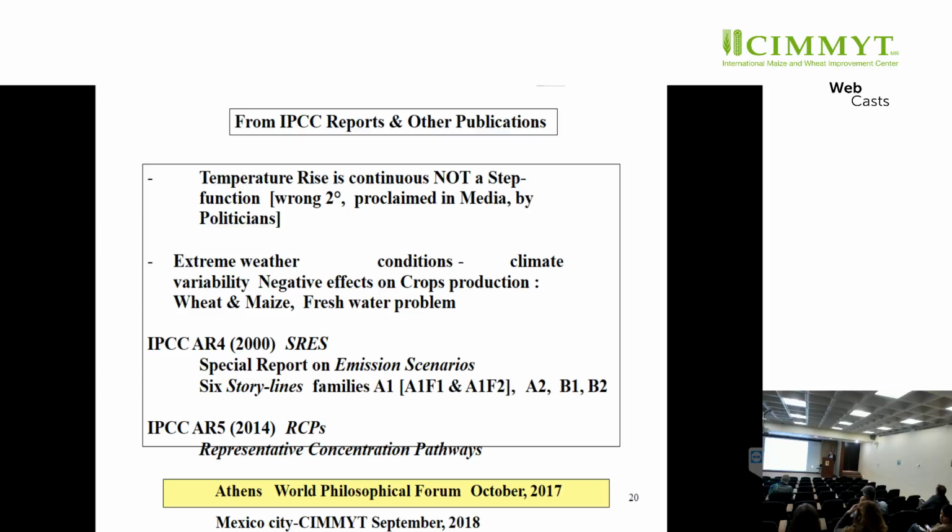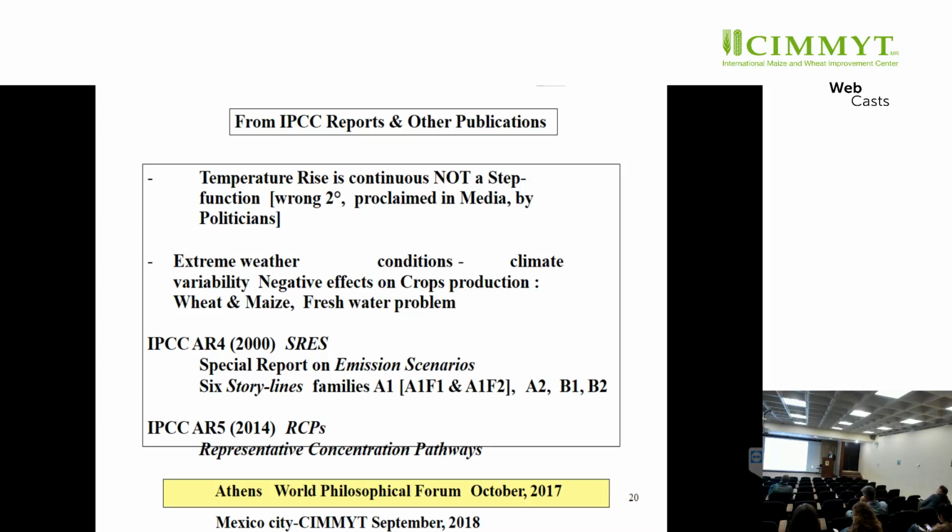The IPCC, and I forgot the IPCC, I just mention 2 elements. The IPCC evolved, and it has made a number of models. I read somewhere 40 models or something. Now, there are two essentials.